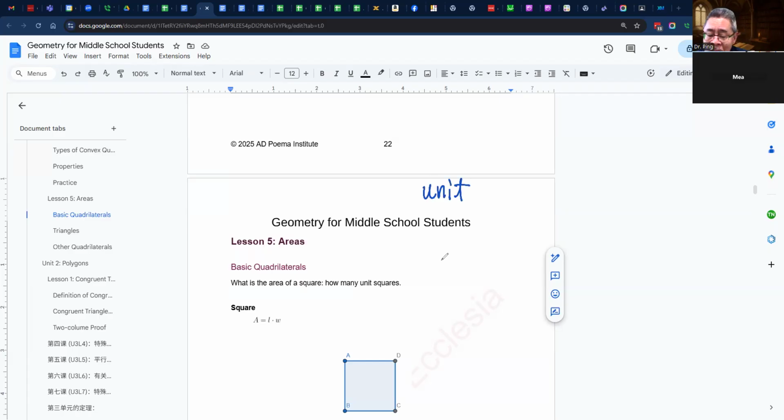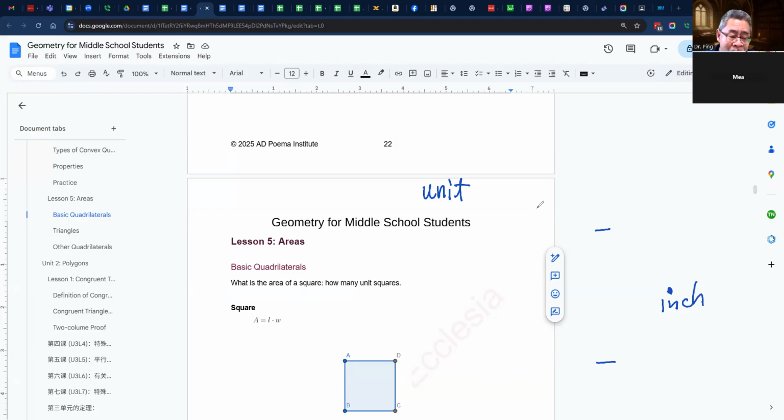For example, if you want to say how tall you are, we're going to use inch as our unit. Now, if you want to see how tall a grass is, probably we use something less than an inch.